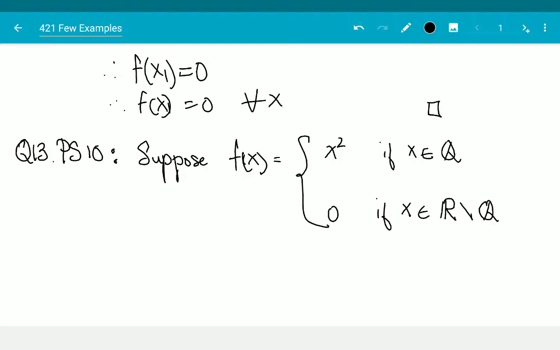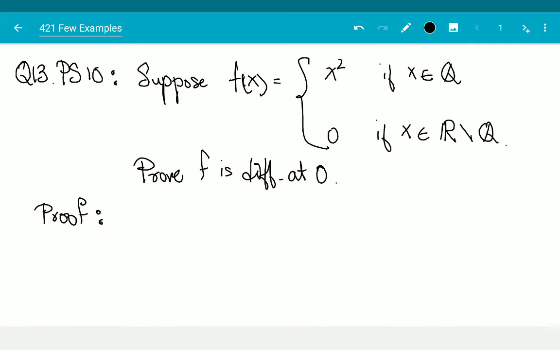Then show that f is differentiable at 0. Prove f is differentiable at 0. Proof.